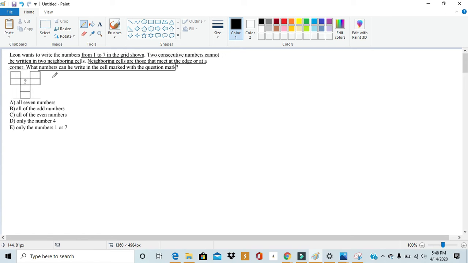So first, let's think about it. We have a list of 1 through 7. And supposedly, only a select few of these numbers can be placed in the cell with the question mark. Now, which numbers could it be? Well, we see that this cell neighbors 5 other cells.